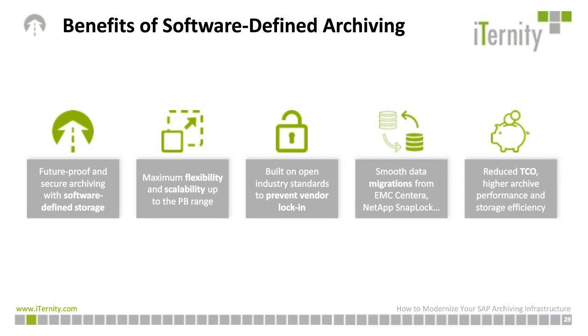You can be on a virtual server, you can be on a physical server, you can have common on-premise storage, you can go cloud, you can do object storage. It is built on open industry standards, so there's no vendor lock-in. You can easily move and migrate the data, and you're gaining a significant reduction in the total cost of ownership for your archive landscape by switching.